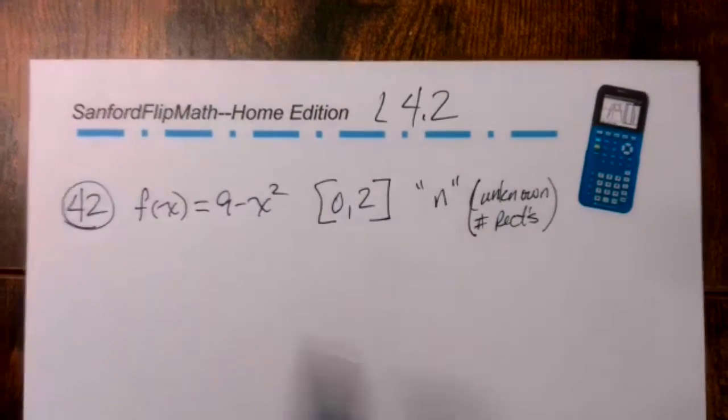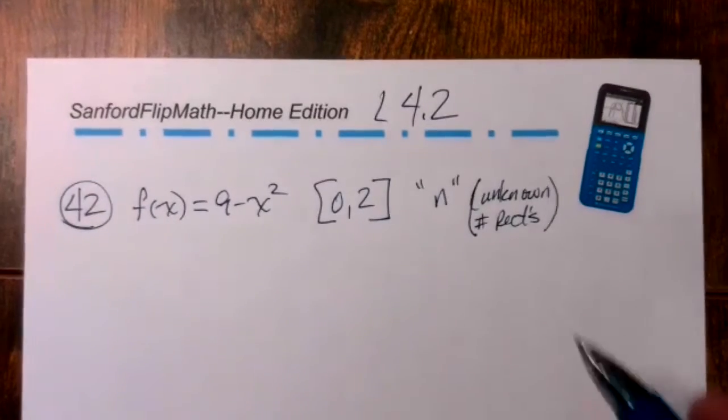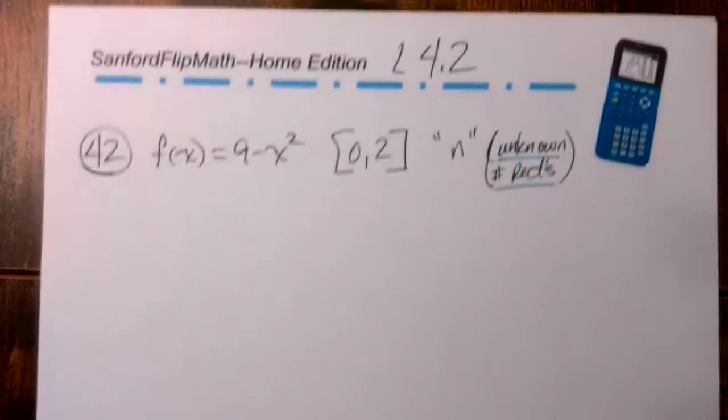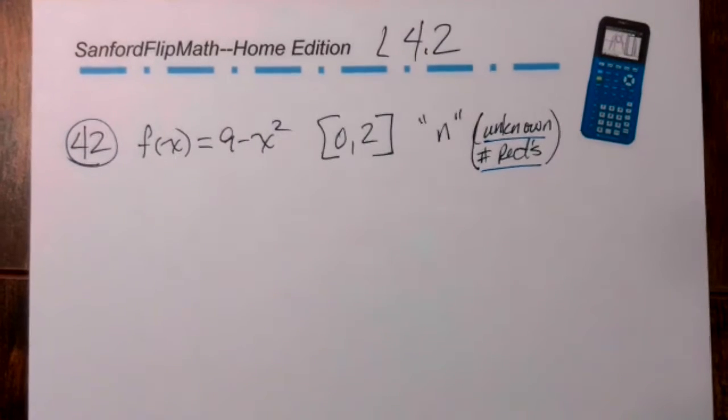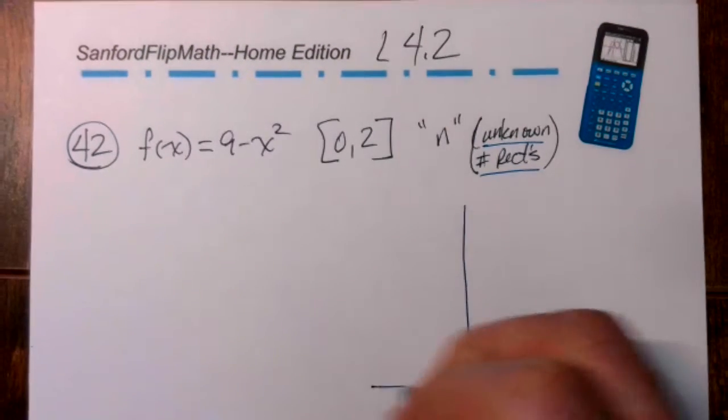All right, so here we go. What we're asked to do is an unknown number of rectangles. They want us to do upper and lower sums. Let's do a little sketch of this graph so we know what's going on.